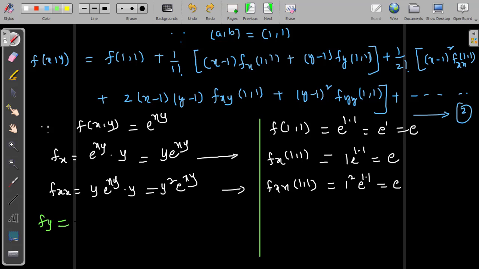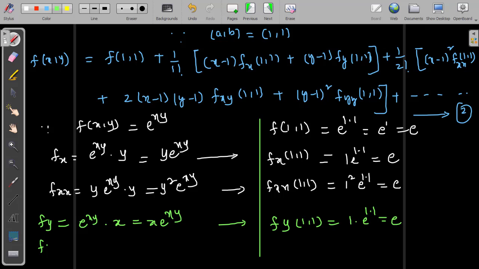Fy equals e power xy, times the derivative of xy with respect to y. Here x times y with respect to y means the y derivative is 1, x is left, x into 1, finally x. So this gives x times e power xy. Now find immediately fy at 1 comma 1. This also gives 1 times e power 1 multiplied by 1, equal to e.